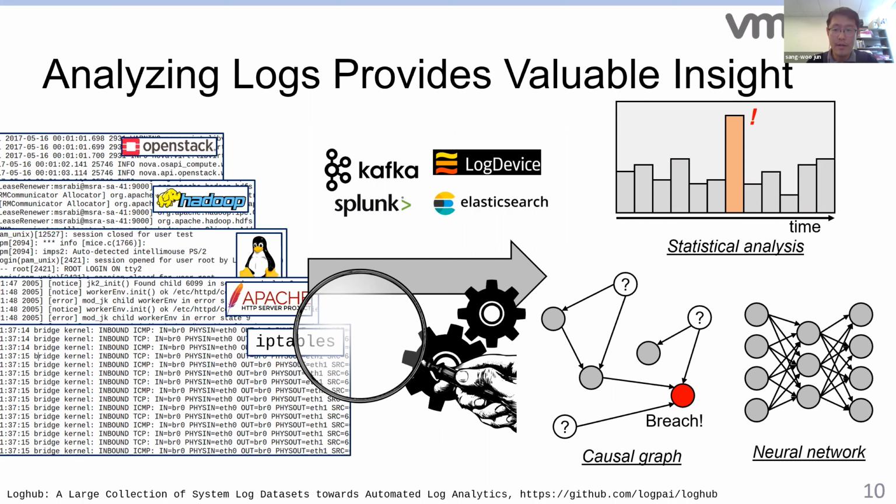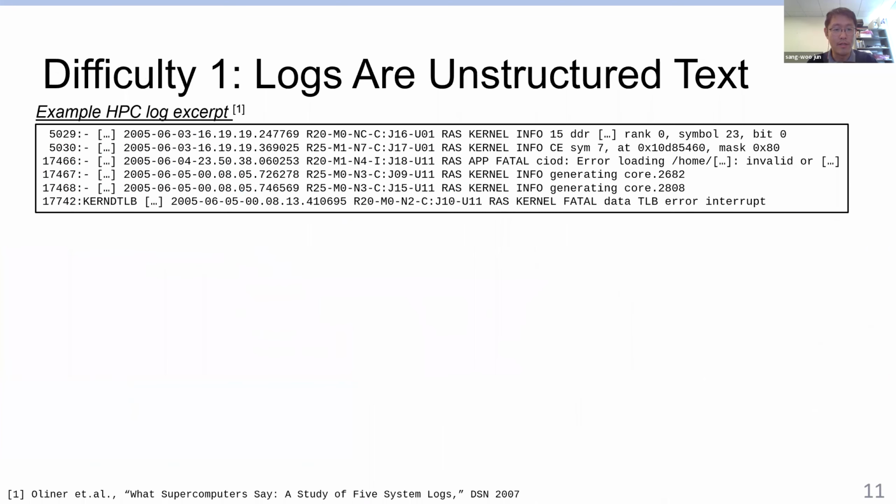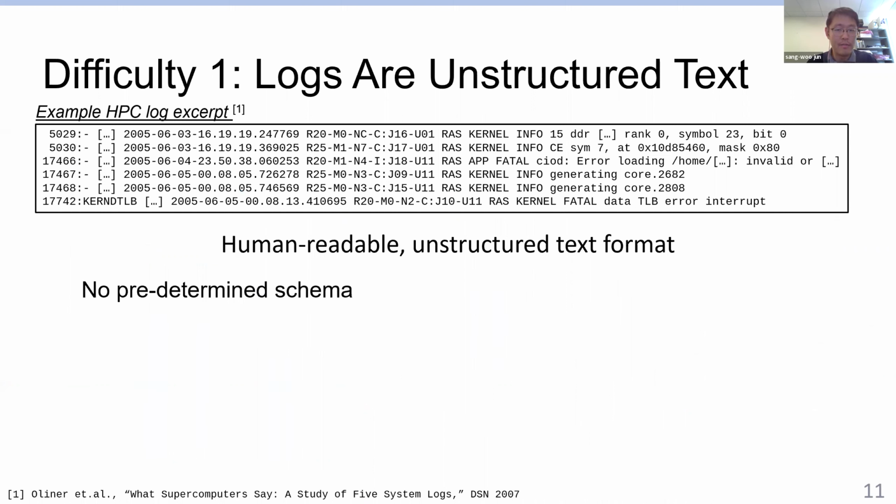But there are a couple of prominent hurdles when dealing with unstructured logs. The first and most prominent difficulty is that system logs are typically unstructured text. Here's an example from an HPC, high performance computing, log. Because these logs are generated in a human readable, unstructured text format, there is really no predetermined schema to the structure of the logs.